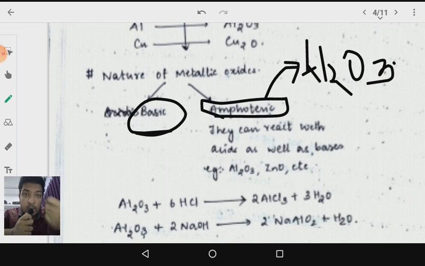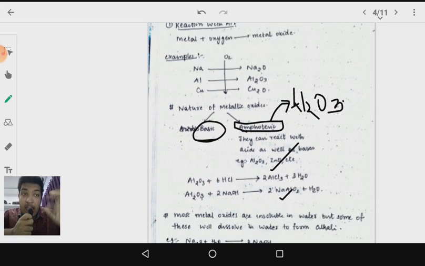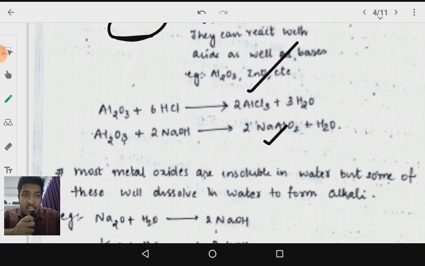Amphoteric substances are those which can react with both acids as well as bases. So aluminium oxide can react with acids as well as bases, and when aluminium oxide is reacting with an acid like HCl, it will form a salt AlCl3, and when it is reacting with a base like NaOH, it results in the formation of another salt, which is sodium aluminate, NaAlO2. So this is the amphoteric nature of aluminium oxide.